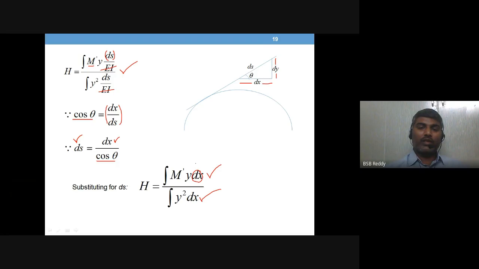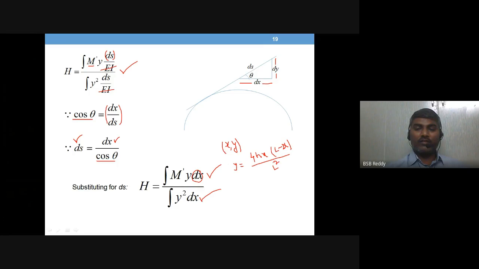Okay, and you have the relation between x and y in terms of the geometry of parabola, that is y is equal to 4h x into (L minus x) divided by L square.